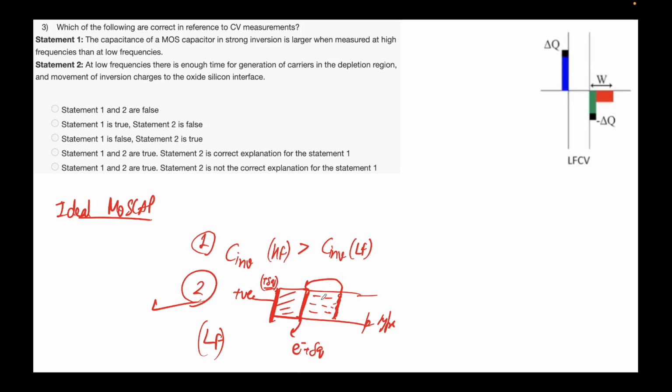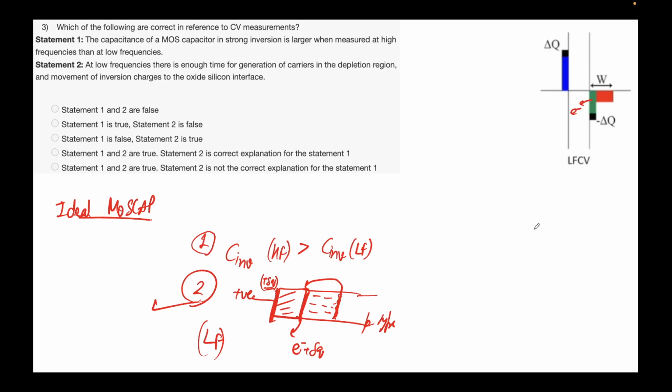Here on the bottom I have drawn a diagram in a different way, so to speak. Here it's just a charge diagram. In the low frequency, whatever extra charge that you're putting, which is denoted in black here, on the metal pad, it gets time to reflect over here in the electron sheet charge, which is negative.